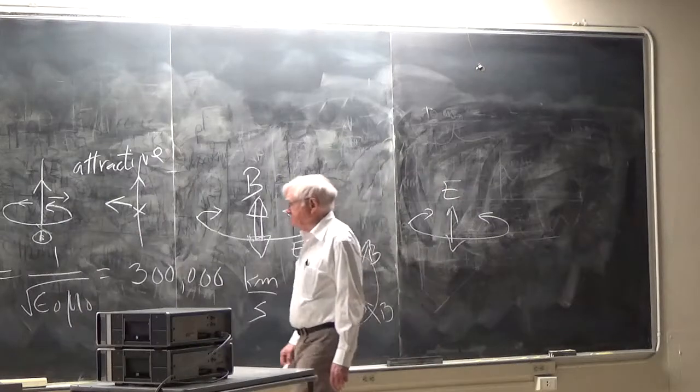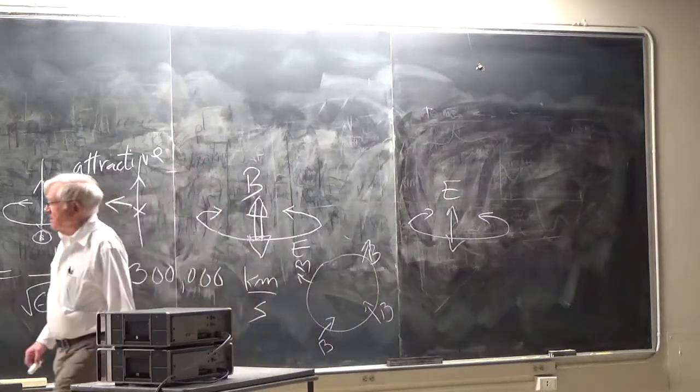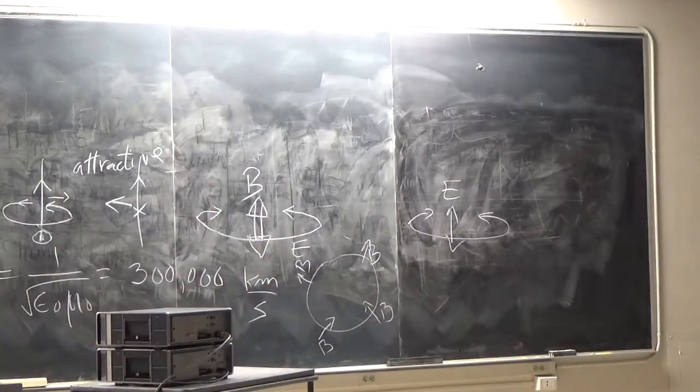And this is the statement that there aren't any magnetic monopoles. In other words, this is an electric charge. There's no analog for magnetic charge, at least that's ever been detected.